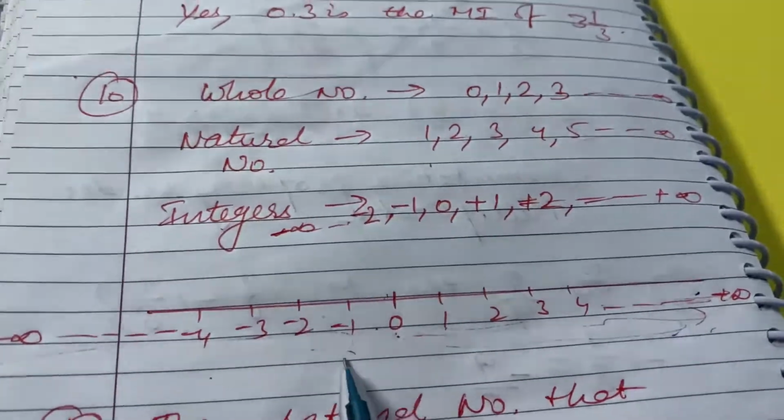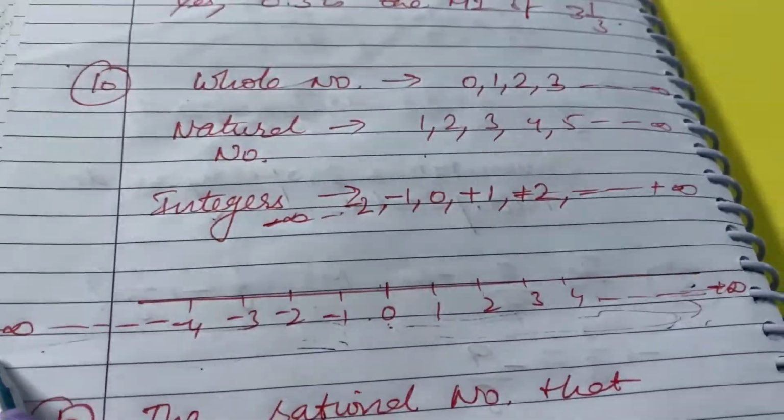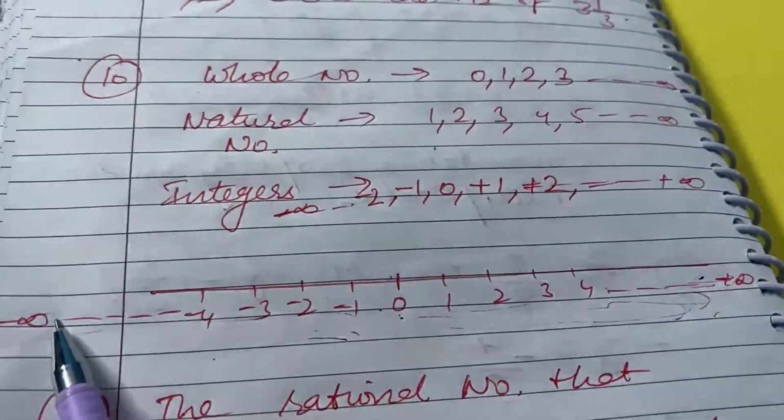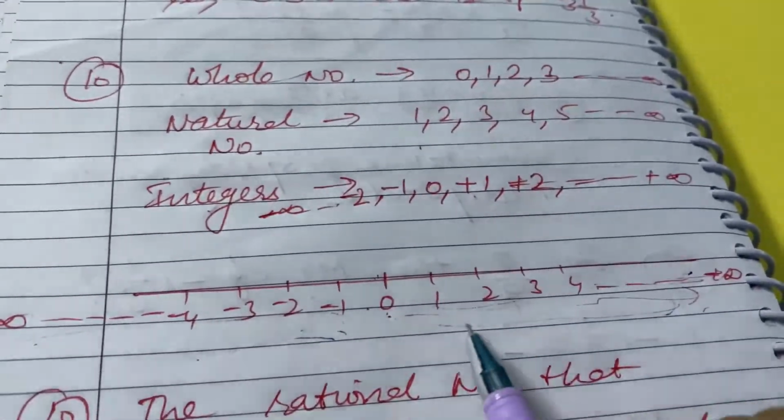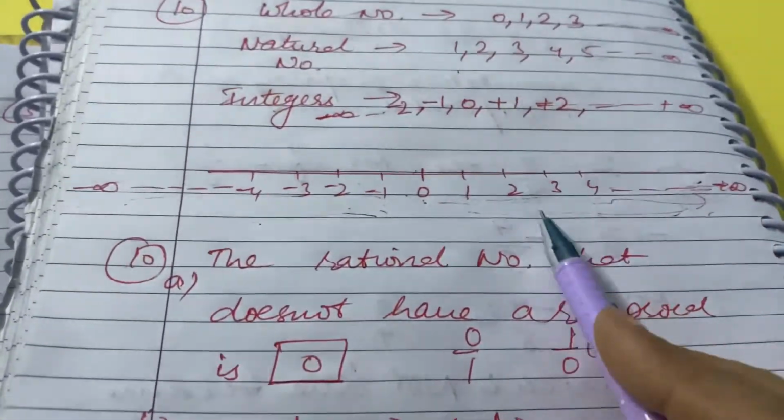As we move to the left side, the numbers become smaller and smaller, and as we move to the right side, the numbers become larger and larger. So these are the integers.